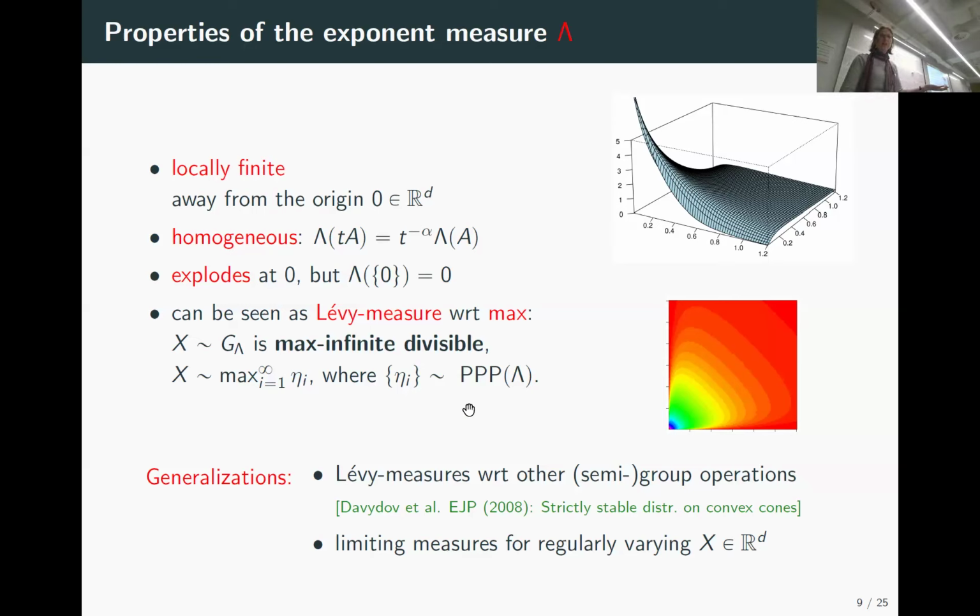Any such measure that has these properties, not even necessarily homogeneous, is going to be a measure that I'm going to look at in what follows. So these are my motivational measures, but I don't necessarily have to have homogeneity. All that matters in what follows is that if I step away from the origin, it's finite, and it explodes at the origin.